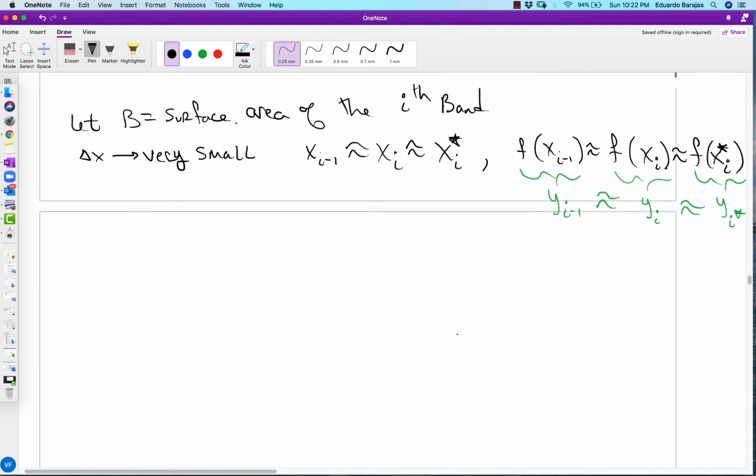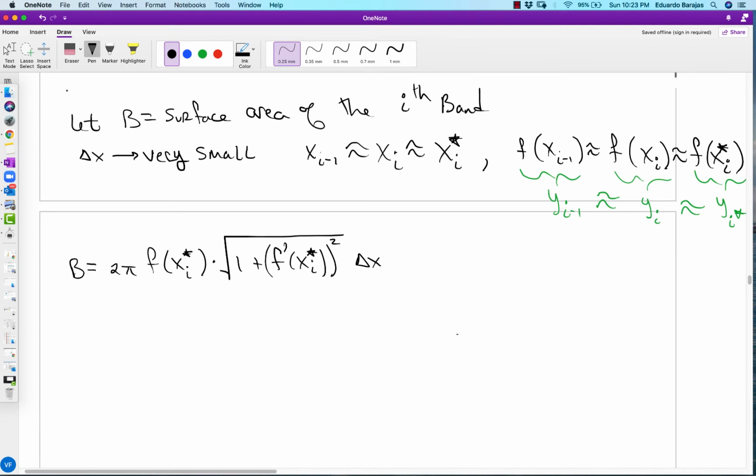So let capital B be the surface area of the ith band, and we just discovered that that surface area B can be written as, or approximated to be, 2 pi f of x sub i star times the square root of 1 plus f prime of x sub i star, all of that squared, and then delta x.